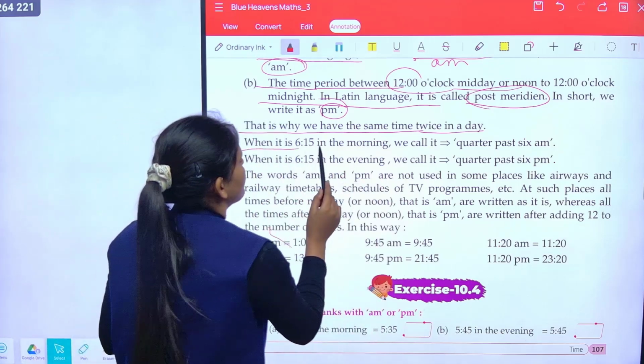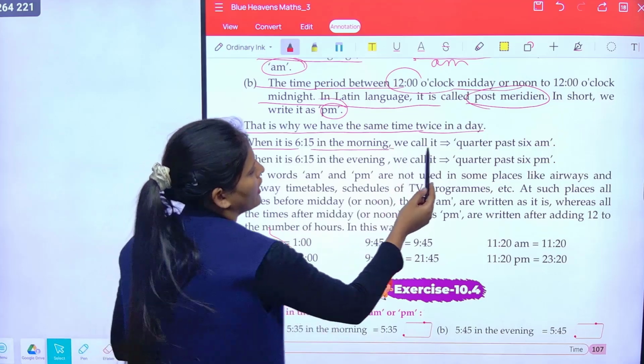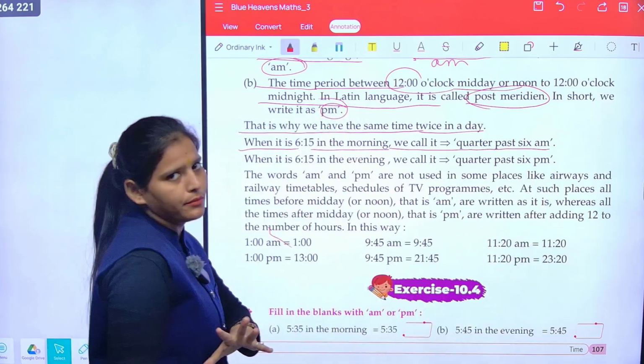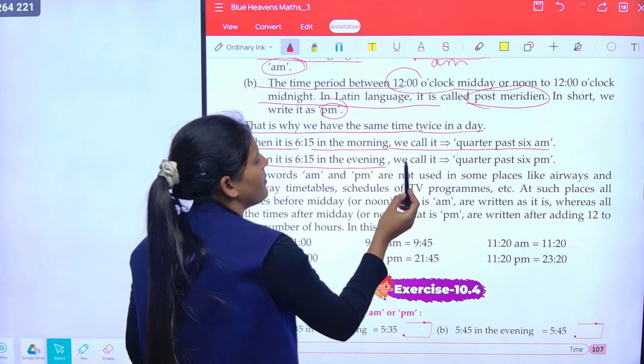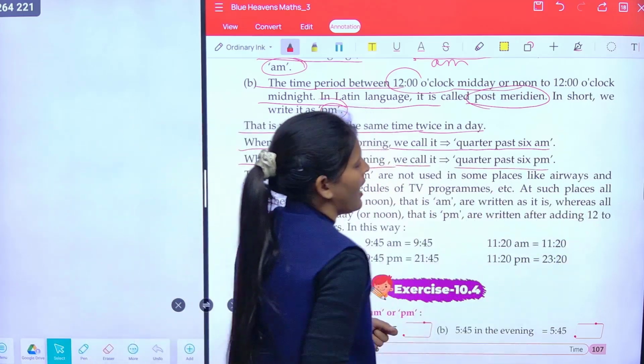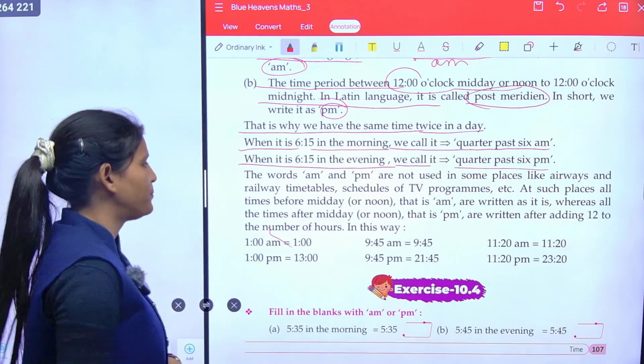When it is 6:15 in the morning, we call it 6:15 AM. When it is 6:15 in the evening, we call it 6:15 PM.